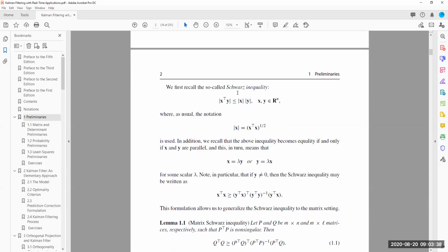Next, it introduced the Schwarz inequality. How to understand the Schwarz inequality?